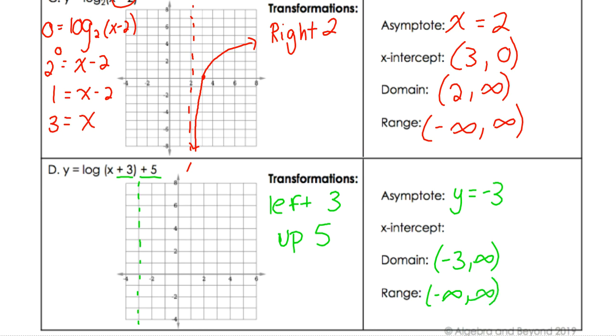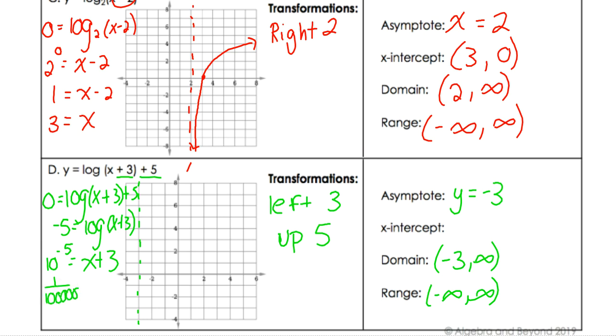All right, let's see if we can find that x-intercept now. So plugging in 0, we're trying to figure out what x value would give me that. So we're going to get negative 5 equals log of x plus 3. So that's 10 to the negative 5 power equals x plus 3. And when we do 10 to the negative 5 power, we get 1 over 100,000 equals x plus 3.